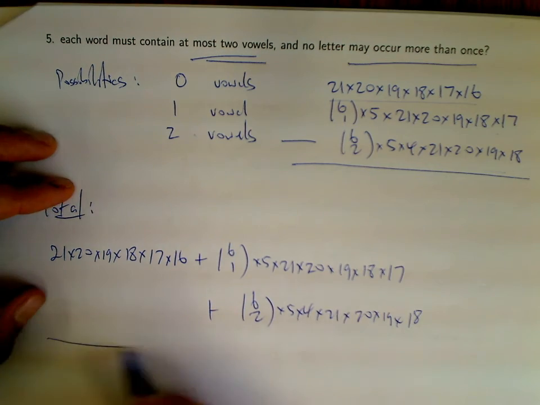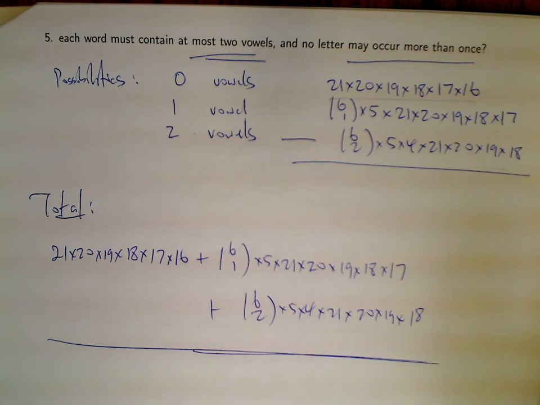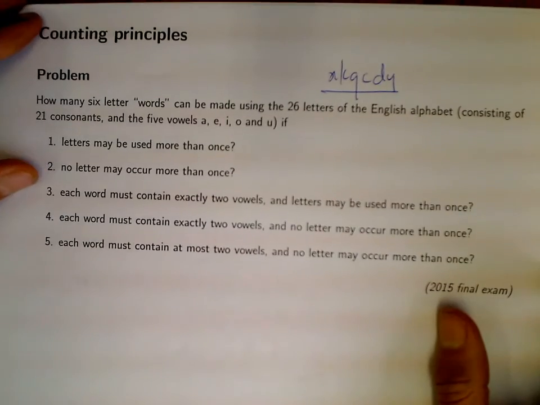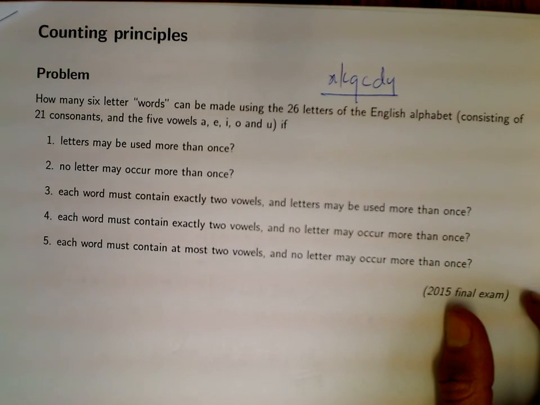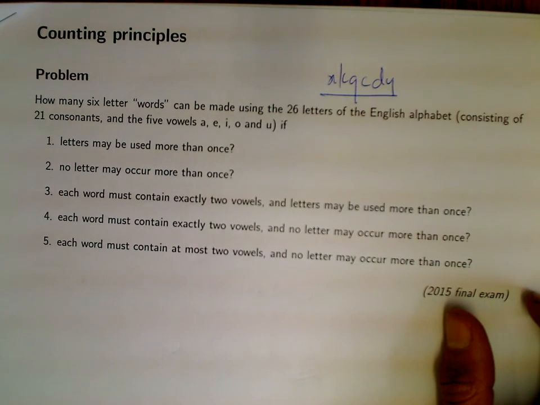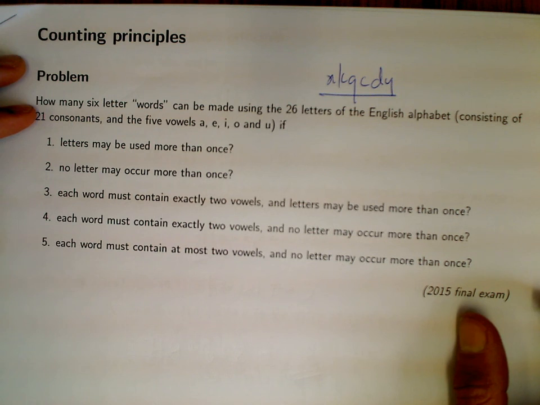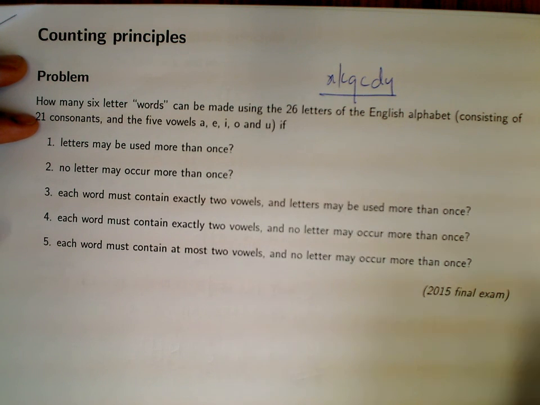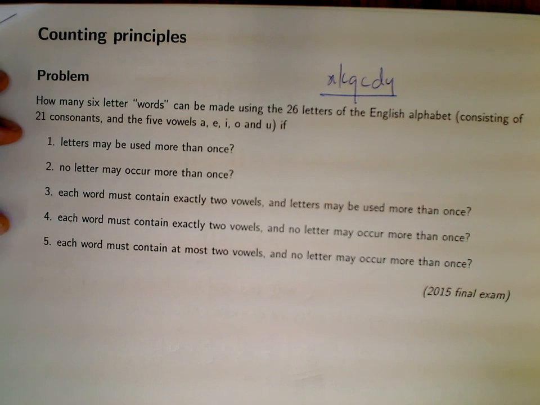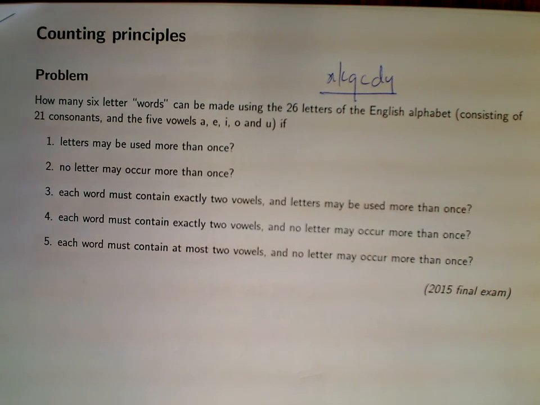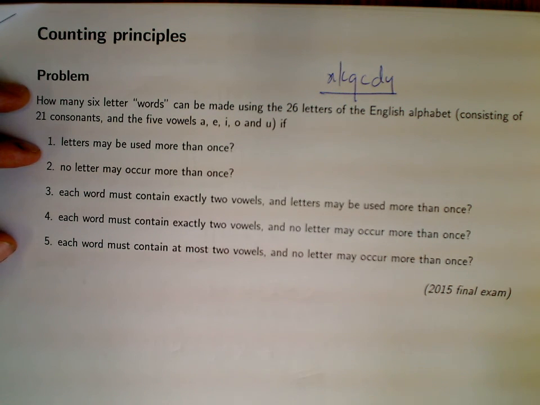Okay, we'll just leave the answer like that. Going back to the start, our two main counting principles are the addition principle and the multiplication principle, and this illustrates basically when we use them.